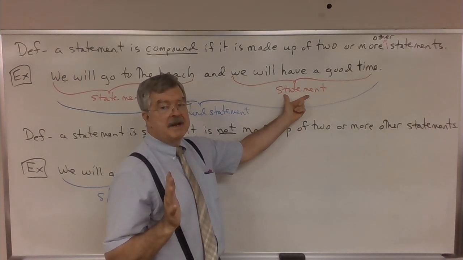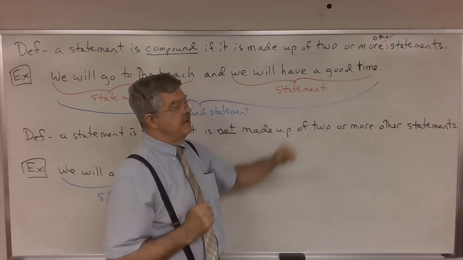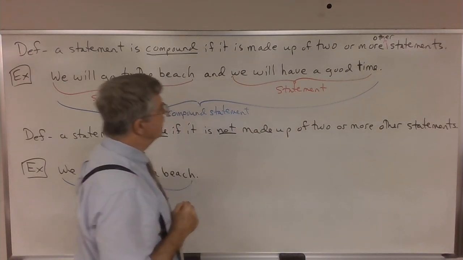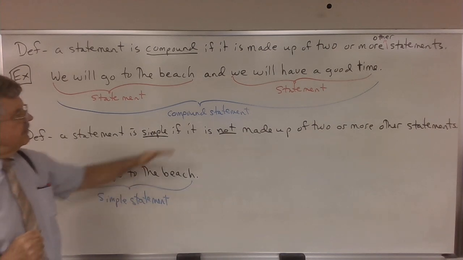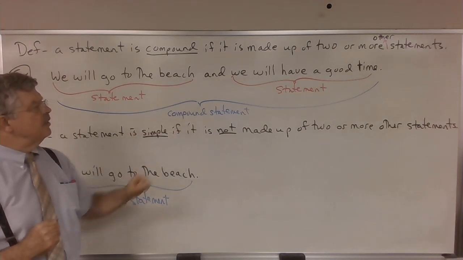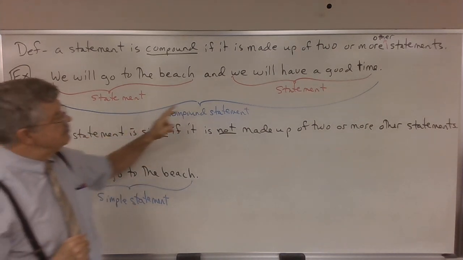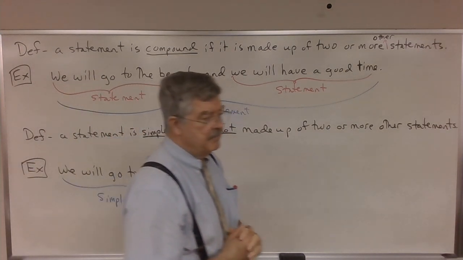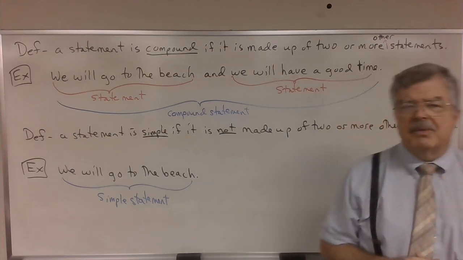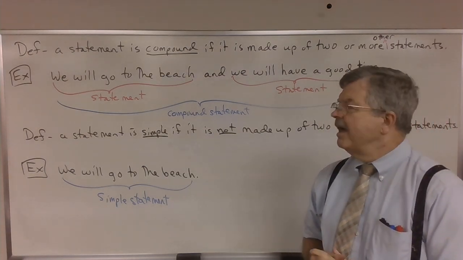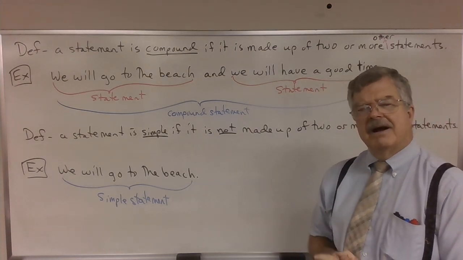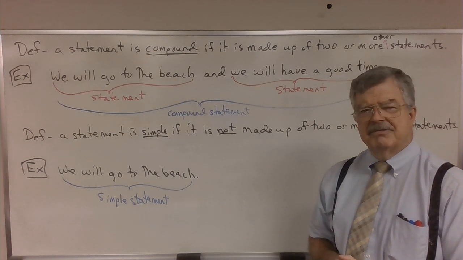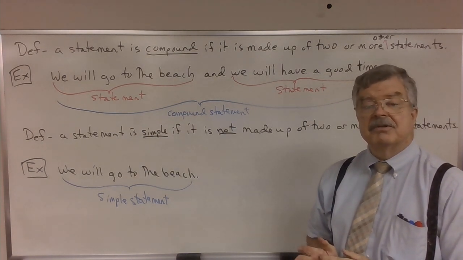We can't break it up into two or more other statements. And so this compound statement is formed by joining two simple statements together with the word and. So the next thing that we want to talk about is, how do we create a compound statement from simple statements?